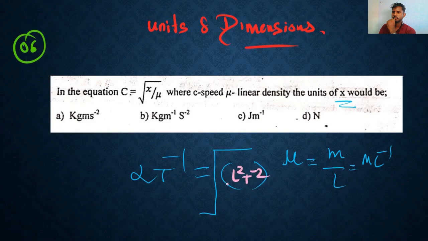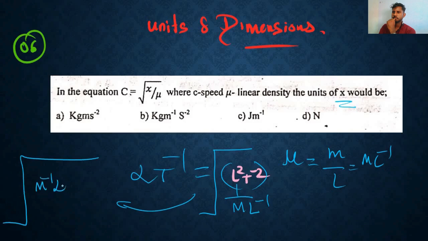Knowing that, from linear density we get M L minus 1, right? So we don't need M here, so we need to cancel M. And of course mu is 1 over this value, so when it goes up, I hope you understand, inside the root it becomes M minus 1 and L, right.